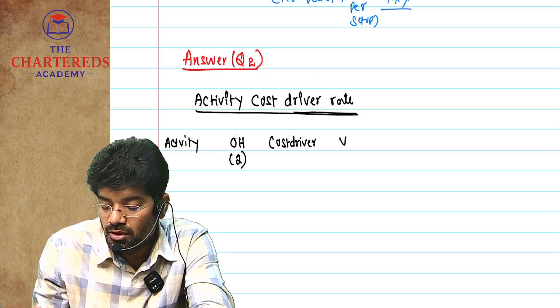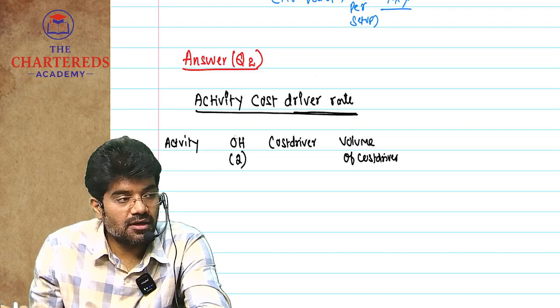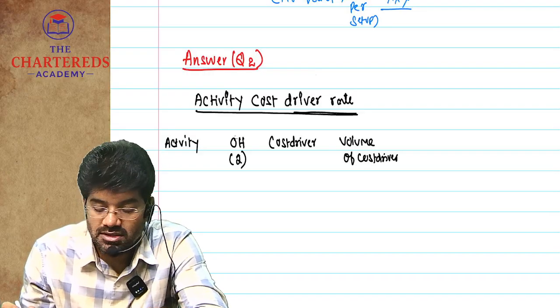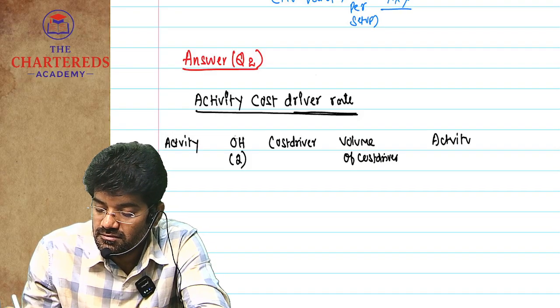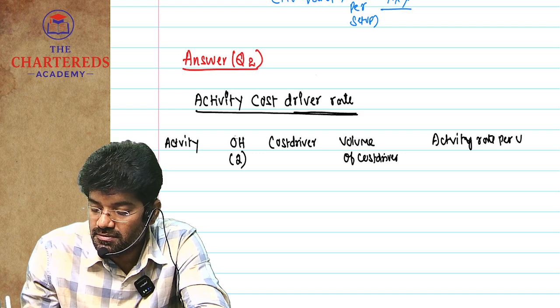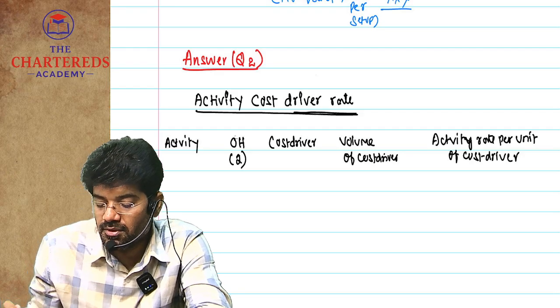Then volume of cost driver. Okay. Now what we have to do is overheads divided by volume. Then activity rate, activity rate per unit of cost driver.